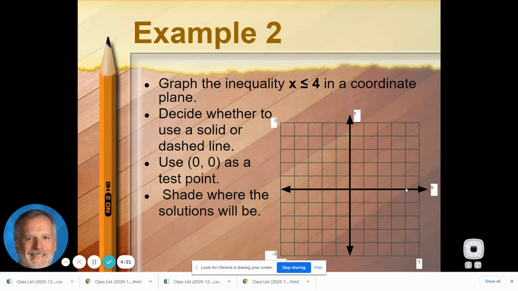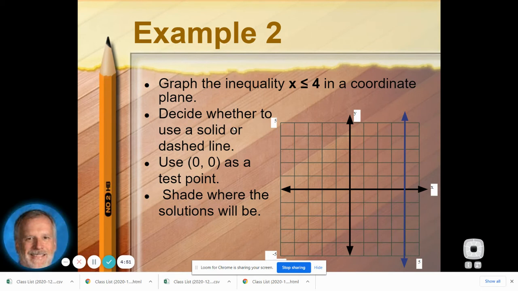So x is 4. In fact, all values here are going to be 4. So start out by putting a line on x equals 4. Remember, anytime it's x equals a number, then that is going to be a vertical line. And if it's y, it's going to be a horizontal line.